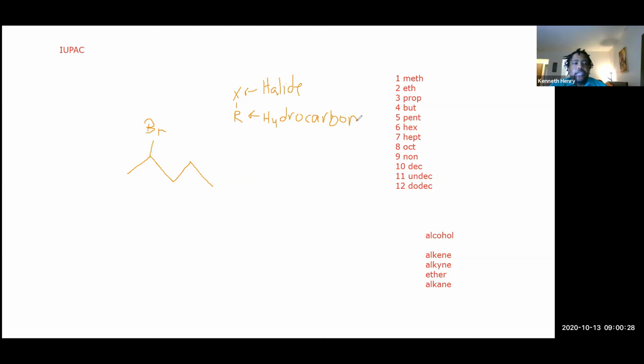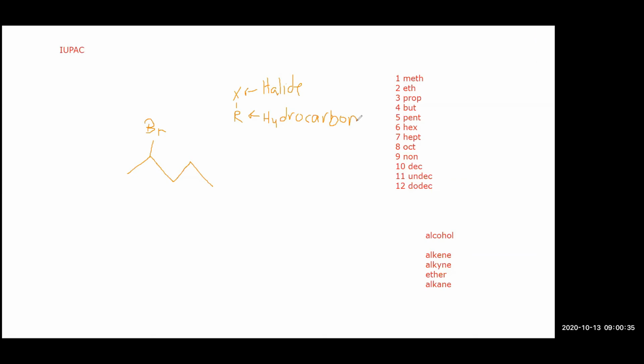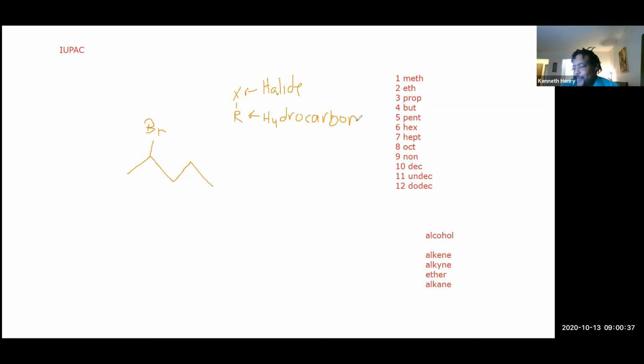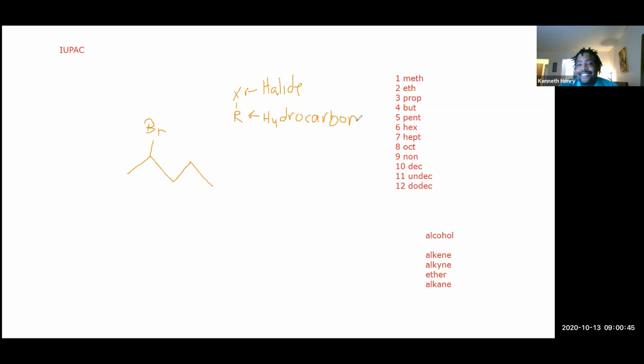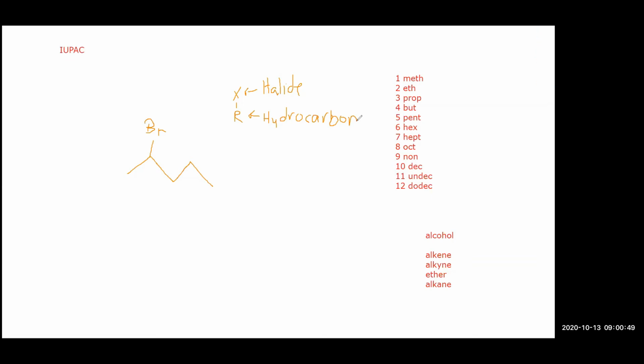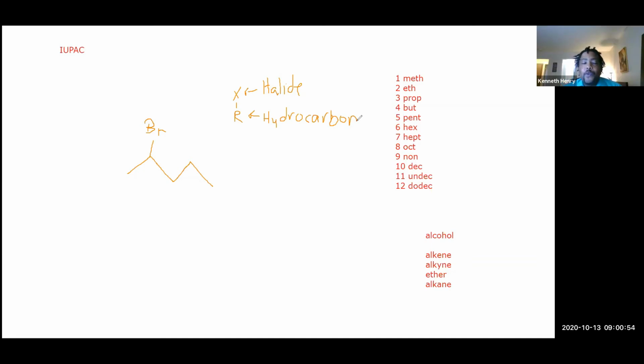What is a halogen or a halide? It's something on the periodic table. What group are they located at?